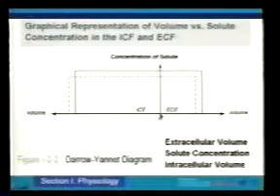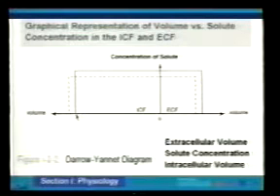Now, the final variable is intracellular volume, and you go to the left of the origin. Now, don't forget, 2/3 of your fluid is inside of cells, and therefore the line that bisects the x-axis here, designated intracellular volume, will be a larger volume than the extracellular fluid.